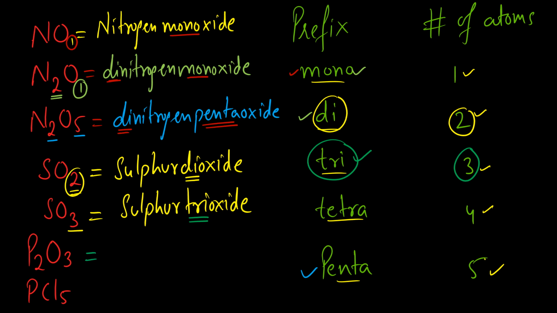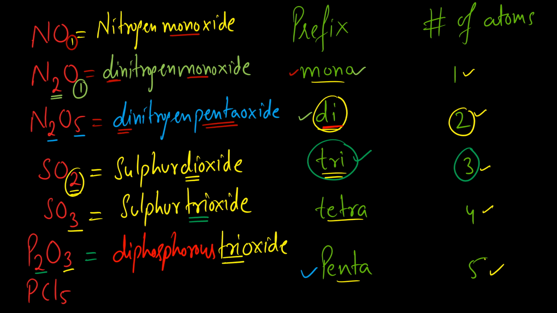Now let's come to the next. Here I have 2 phosphorus. So if it is 2, then I am supposed to write di. So it's going to be diphosphorus. Then let's check the oxygen. I have 3. So if it is 3, it should be tri. So I am going to use trioxide. Why have I used the prefix tri?